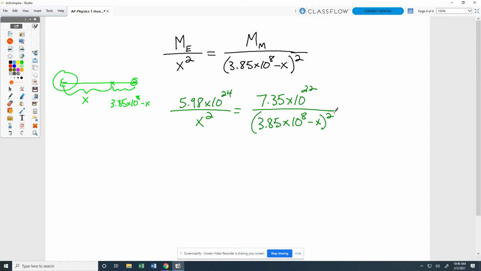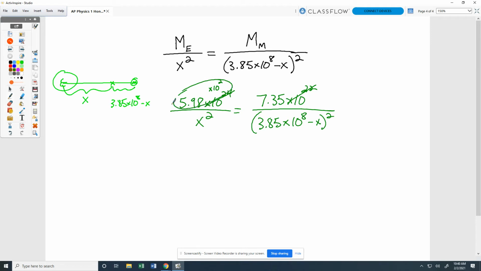Now, at this stage, just to make sure that you can see simpler numbers, I would get rid of a 10 to the 22nd on both sides. I would cancel this part out, and that's going to get rid of 10 to the 22nd out of here, but it's going to leave you with a 10 to the second.